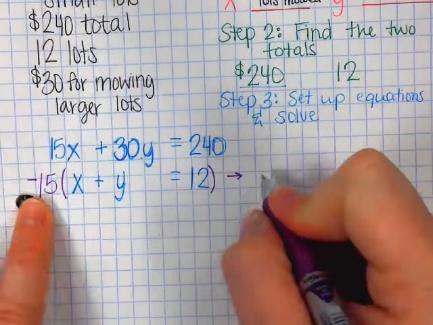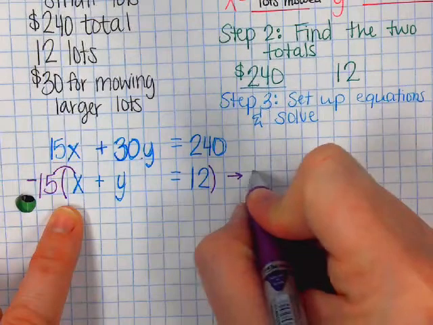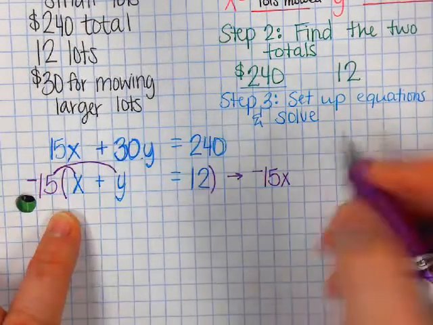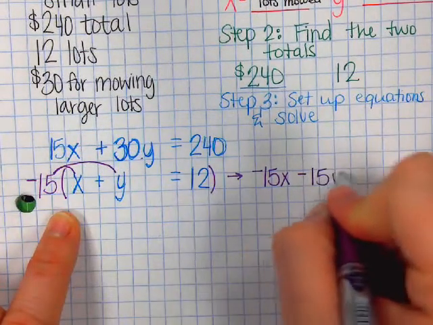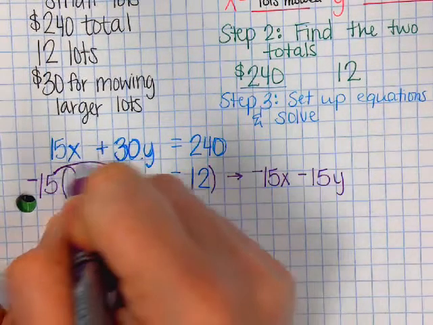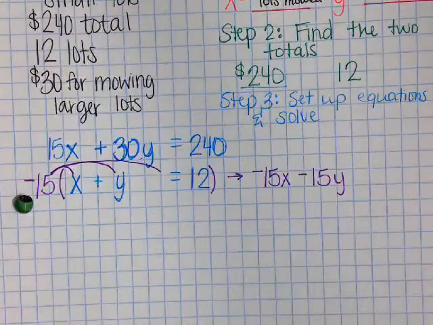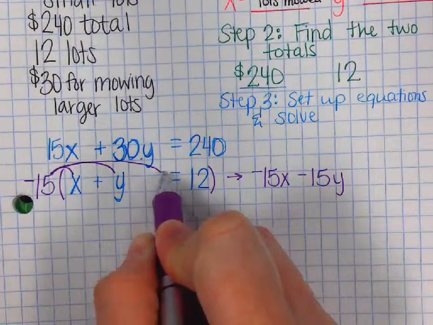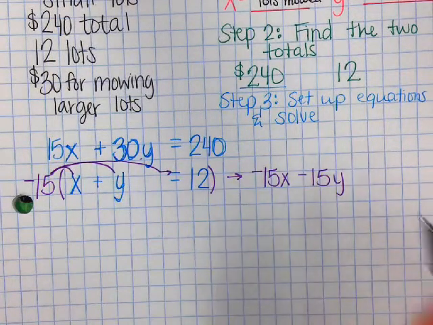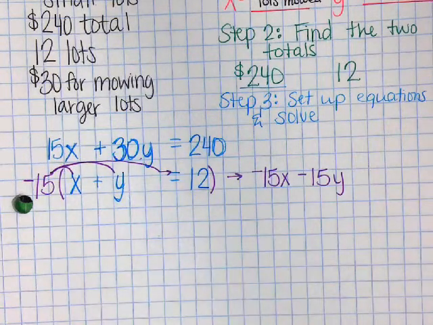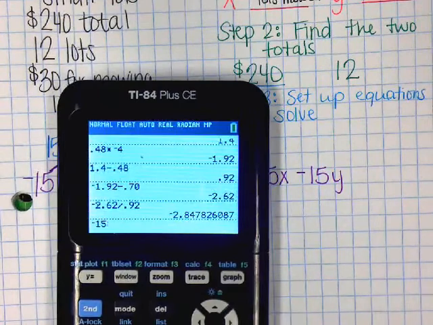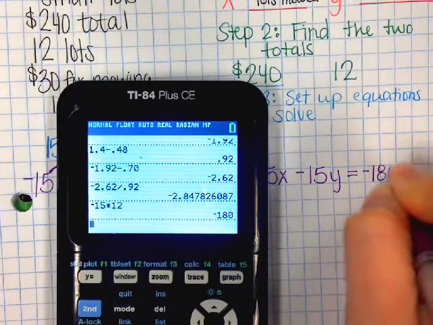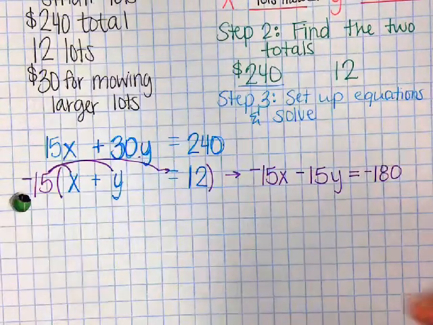So this equation becomes negative 15 times x is negative 15x. Negative 15 times y would be negative 15y. And then negative 15 times 12 equals negative 180.